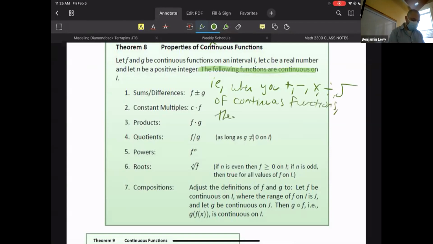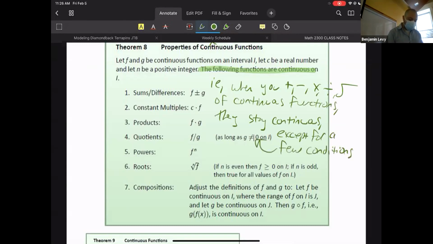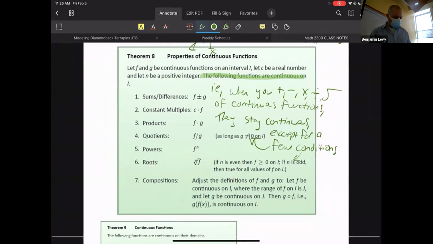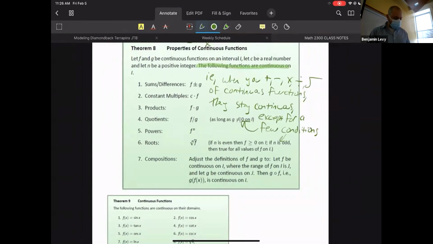That's what this is saying. Except for a few conditions, like the denominator not being 0, for example. So the few conditions are like those couple things. So let's just do a couple examples.